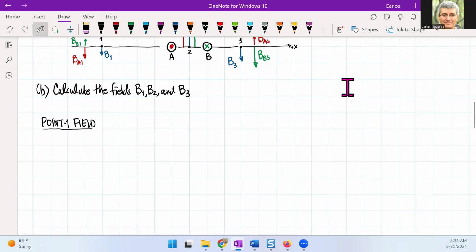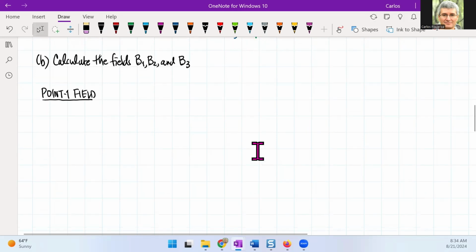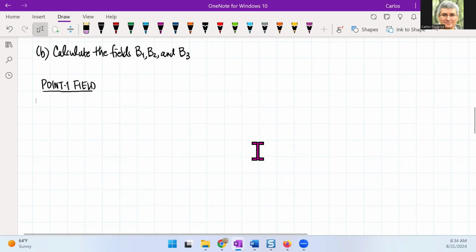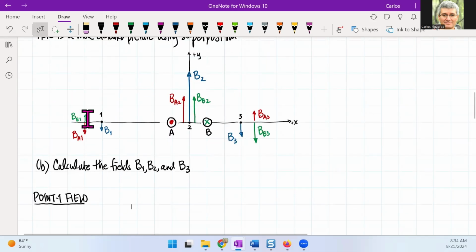If I look at distances here, it's looking something like this. So we can see here from point 1, from what we've already seen up here, the fields are in opposite directions. So superposition dictates that we have to do that.